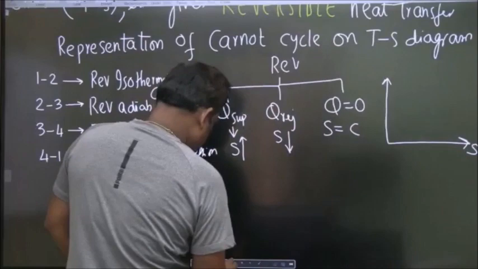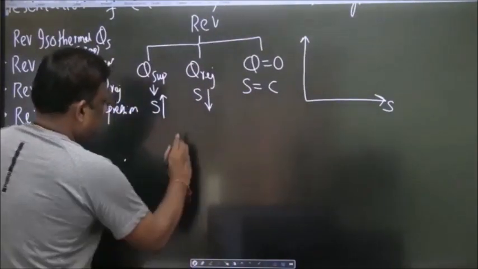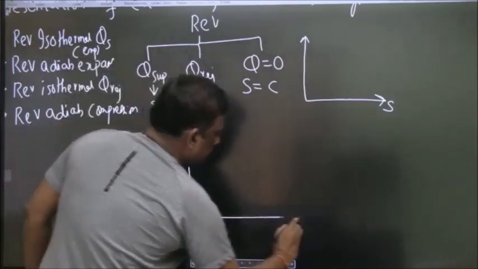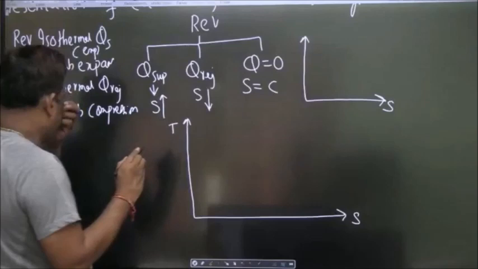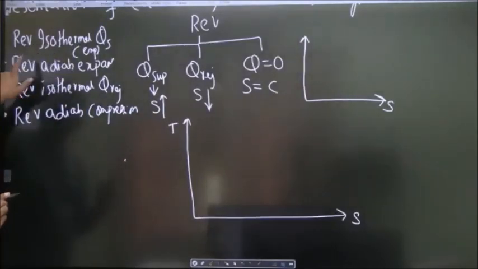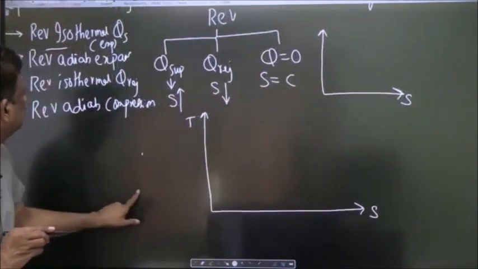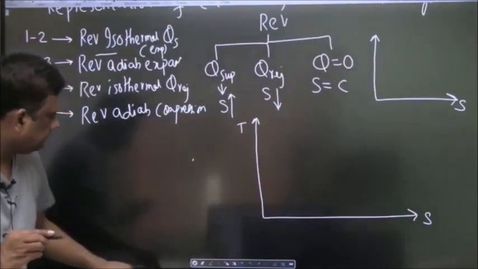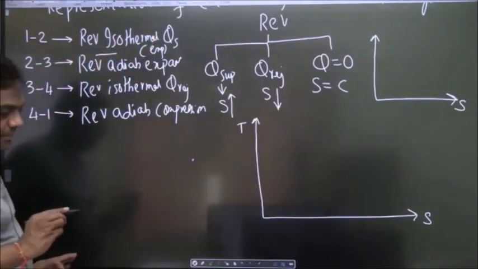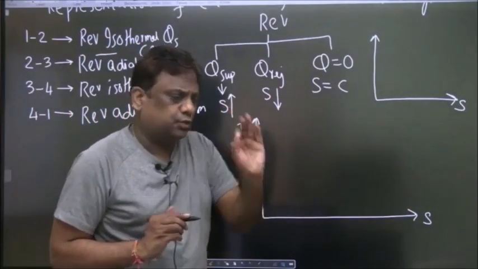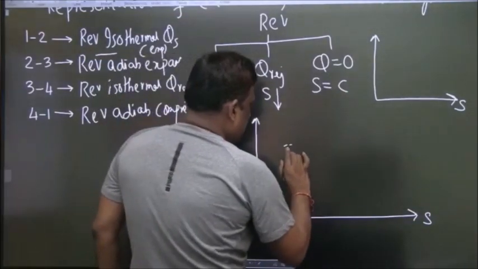We'll represent it here. Listen, my dear friends. What is 1 to 2? Reversible isothermal heat supply. How do I represent isothermal on the TS diagram? On the TS diagram, temperature is constant.